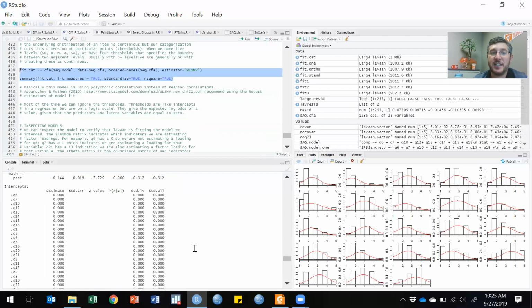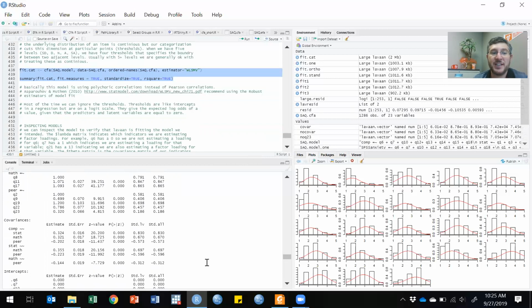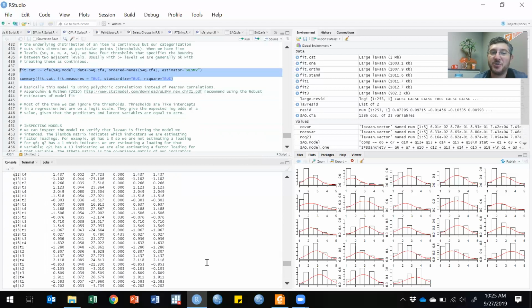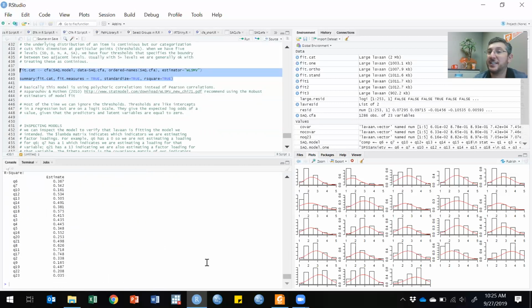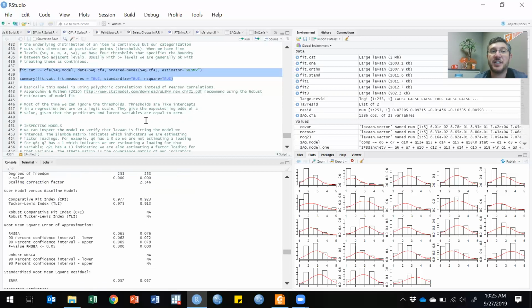We still get correlations between the factors. And then there are the threshold parameters, which you can pretty much ignore, our variance estimates, and the same R-squared values. Here's a technical paper about it, which is where they recommend using the robust estimates of model fit, if you need a citation for it.